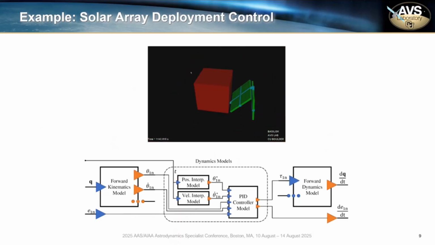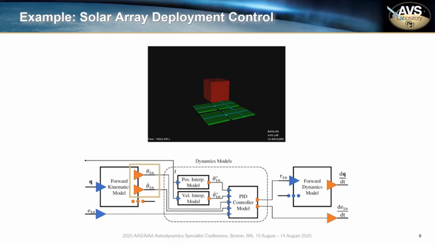As an example of how such a simulation framework can be applied, let's consider a solar array deployment scenario where each of the panels is actively controlled through a PID controller. Of course, the controller's objective is for a panel joint angle to follow a certain smooth deployment profile. To model this, we have two models which, given the simulation time, output the desired joint angle and desired joint angular velocity.